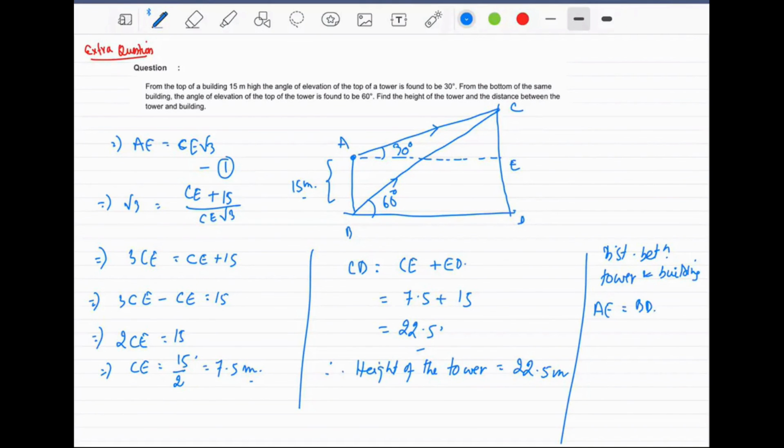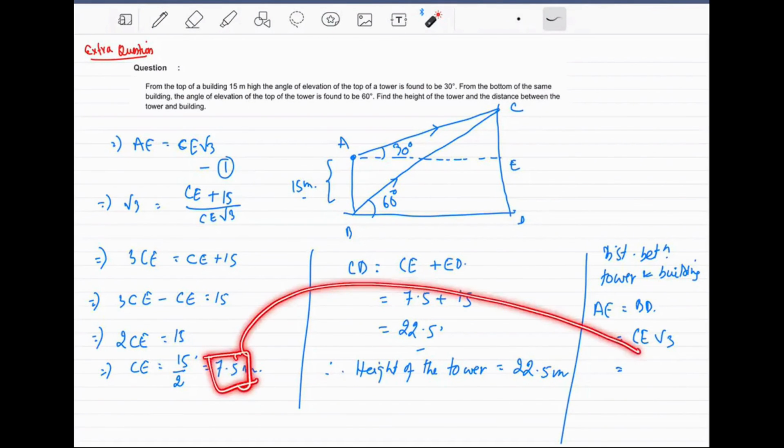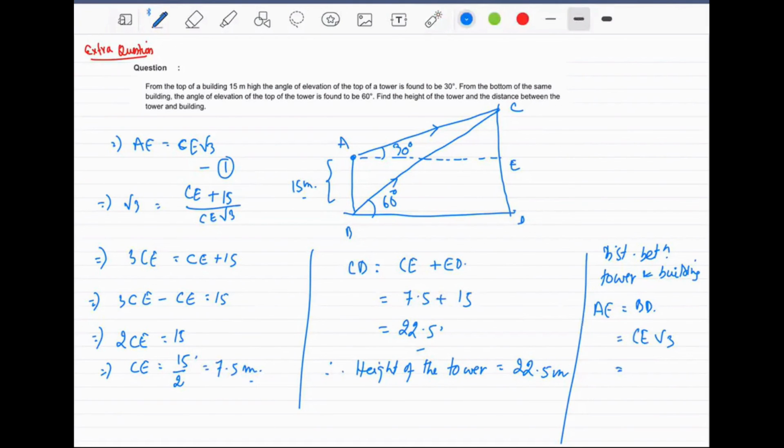And as you can see from equation number 1, the value of AE is CE root 3. So the value of BD must also be the same. We will have CE root 3 still, right? The value of CE is how much? We have already found out to be 7.5. So you put CE as 7.5 here. We will have 7.5 root 3.